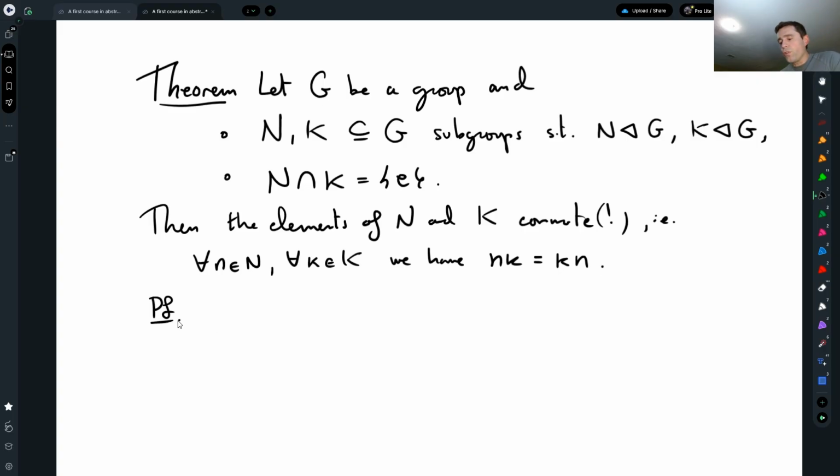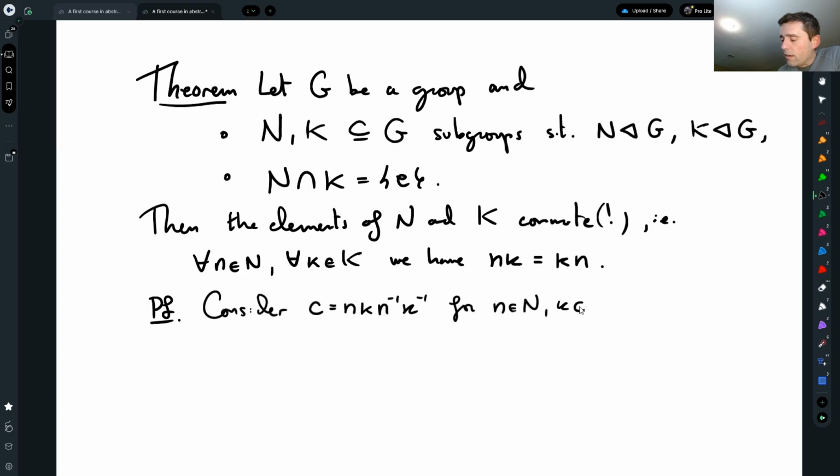The proof is very short, but it's really nice. So let's consider the element c, which is n k n inverse k inverse, for n in N and k in K. And note that this element, which is what we call a commutator, is the identity if and only if nk equals kn.